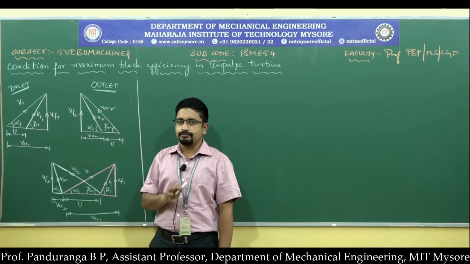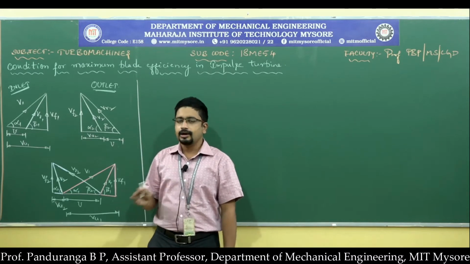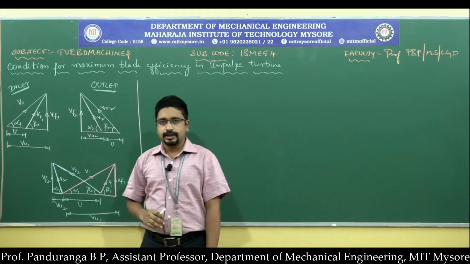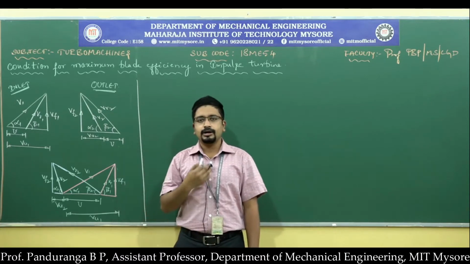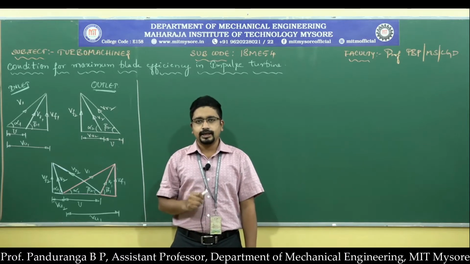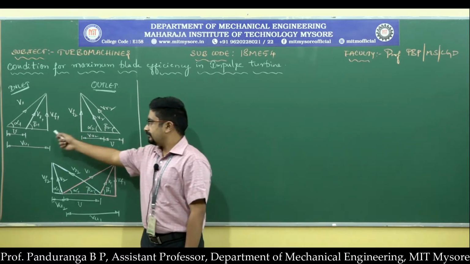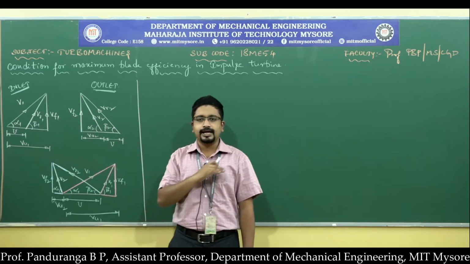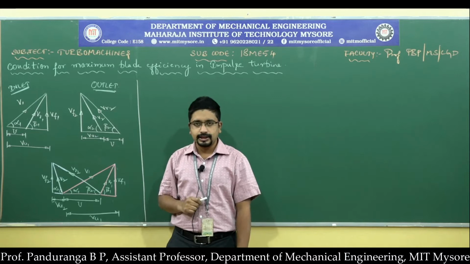So u will be our base whether it is inlet or outlet or any type of turbine, not only for impulse, whether it is a reaction turbine, radial flow turbine or mixed flow turbine or any turbo machine. Whenever we are writing the velocity diagram, it will be with respect to u.